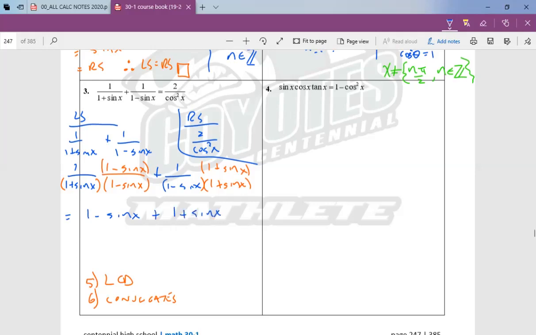Be careful, if this was subtraction, we'd have to be super careful that we would distribute that into that binomial, but it's not. It's plus. So we're good. All of this is being divided by 1 plus sine times 1 minus sine. The beautiful thing here is this is 1 minus sine squared.